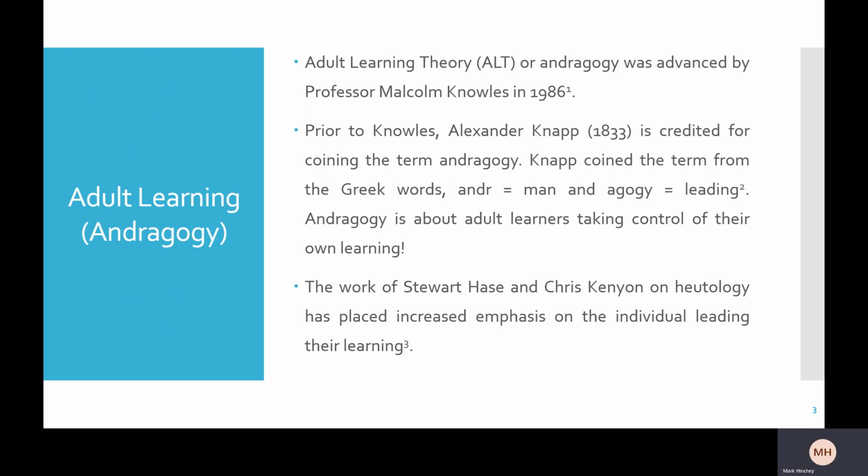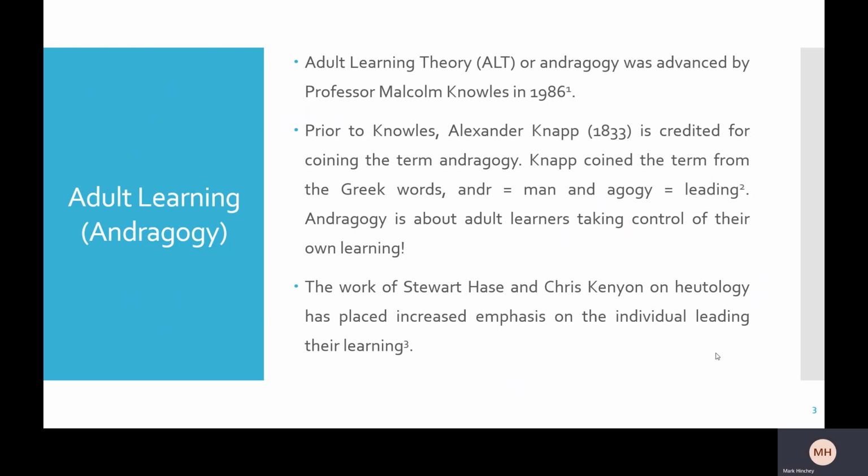Now, moving away from Knowles, there are 2 other collaborators who have worked in the space of adult learning theory, have been quite pivotal to this space. And they are Stuart Hass and Chris Kenyon. Hass and Kenyon have advanced this idea of andragogy and brought in a new concept known as hortology.